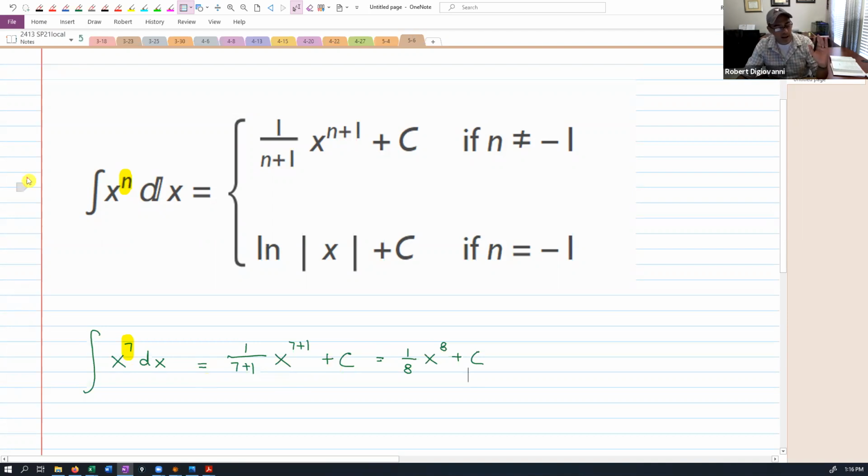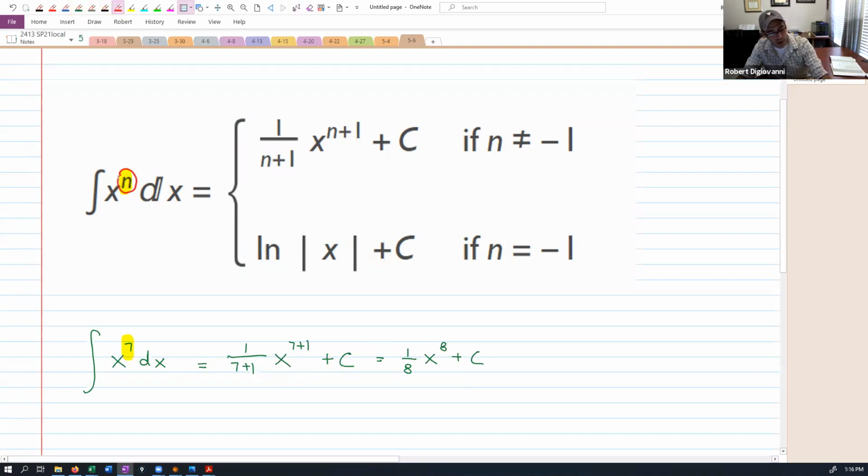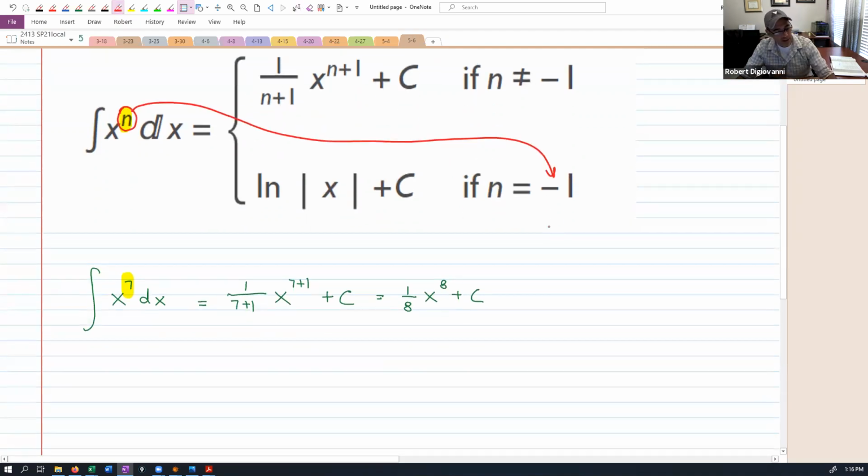Except there's one exception, okay? The one exception is when the power is -1. When it's -1, then that really is just 1 over x, isn't it? x to the -1 is 1 over x.